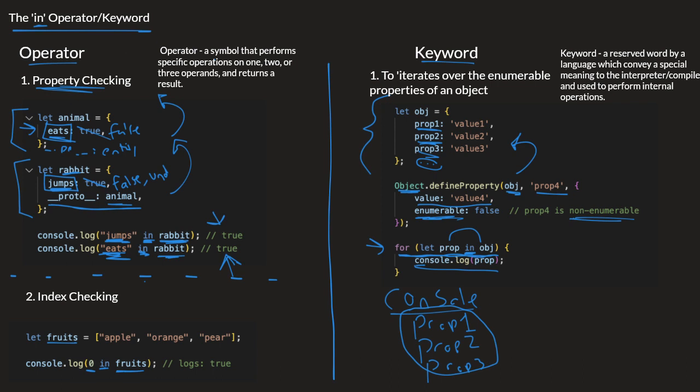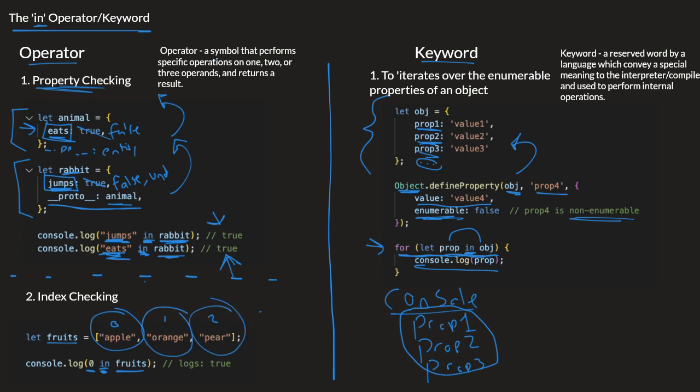Well, fruits is an array of length 3, and since arrays are zero-indexed, we've got 0, 1, 2. So this does exist right here. And so this in operator returns true, and so we just console.log true. And it's the same for both 1 and 2.